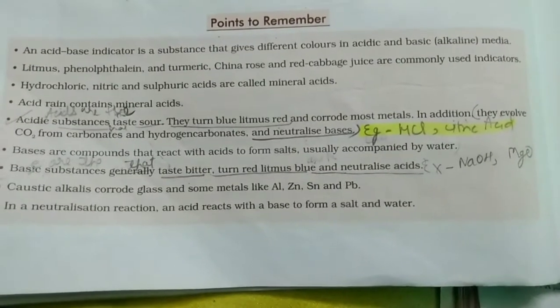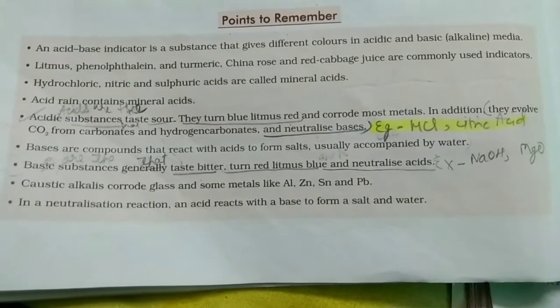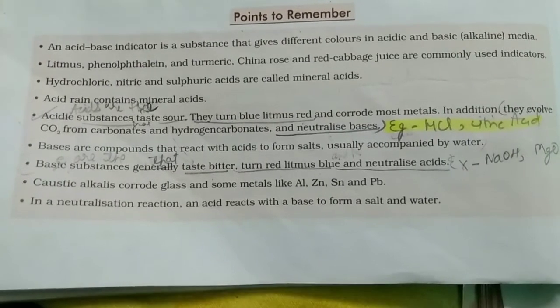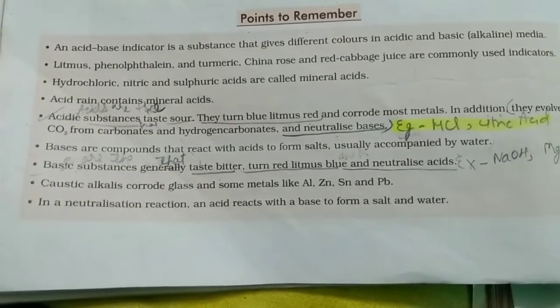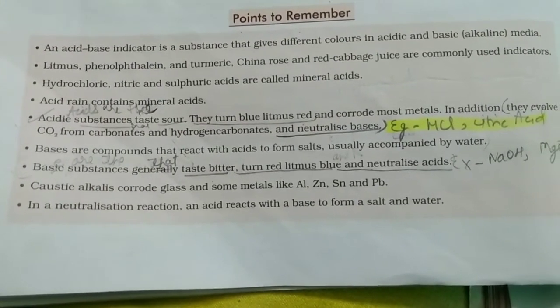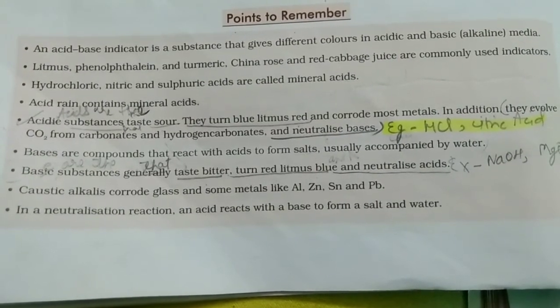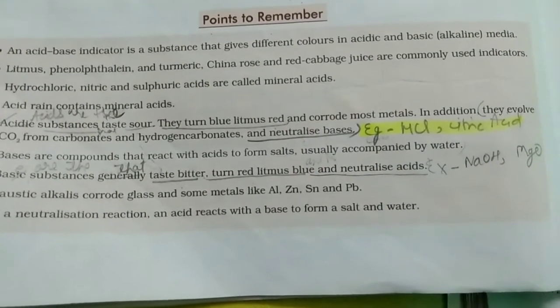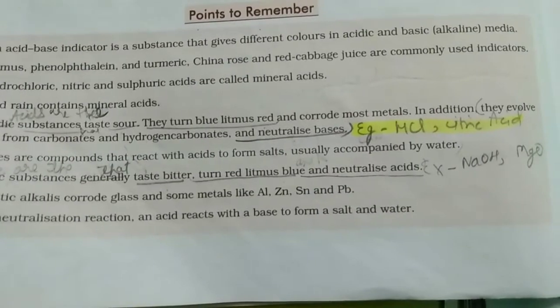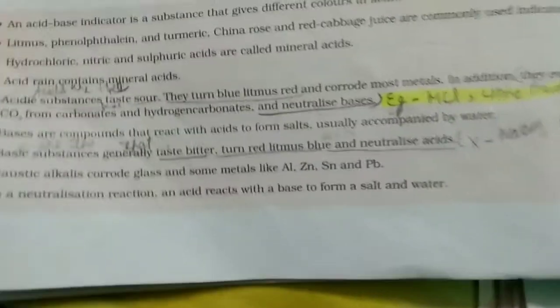They turn blue litmus red. They evolve carbon dioxide from carbonates and hydrogen carbonates and neutralize bases. Examples are HCl and citric acid.